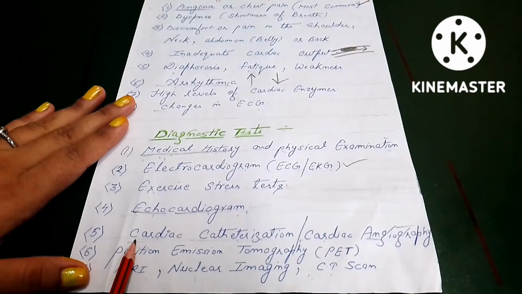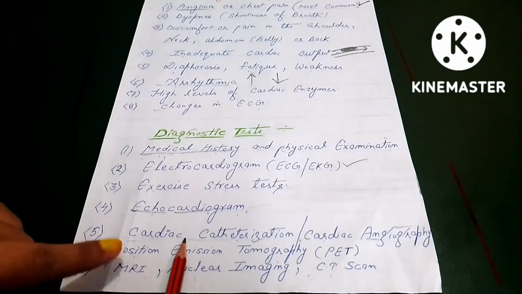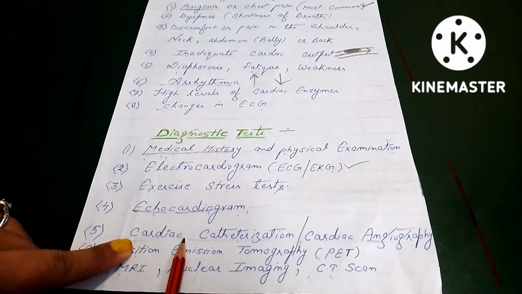It is a short invasive procedure performed in a cath lab, in which a wire is placed through the groin region up to our heart's coronary artery, and through that wire we inject a dye. The dye will go through all the arteries, and where there is a blockage it will stop. Okay, there is an occlusion, and we can understand that in that place there is a formation of a clot.